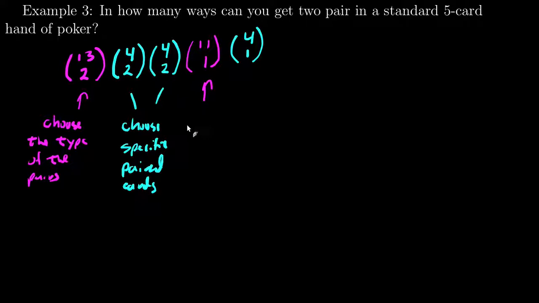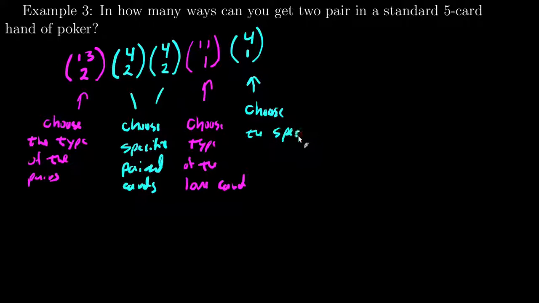This is to choose the type of the lone card. I decreased this to 11 so that I don't get one of the 2 cards we already had a pair of. And this is to make sure that we choose the specific lone card, one of the 4 that's actually in there.